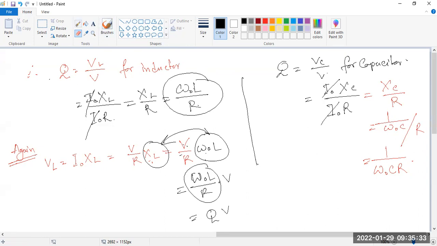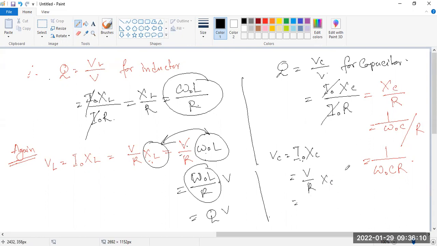Same way we can write in this case, we know that VC is the initial current, or the total current, times XC. So we can write V by R into XC.